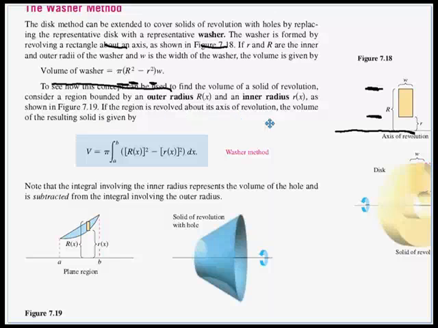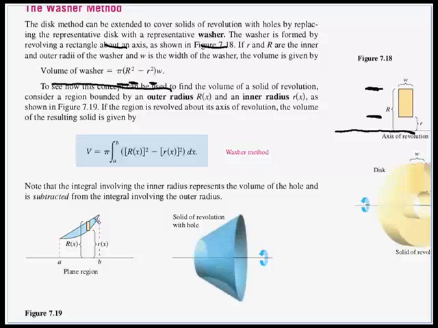If the region is revolved about its axis of revolution, the volume is represented by pi, the integral from a to b, outer radius, capital R of x squared, minus inner radius, lowercase r of x squared, integrated with respect to x.